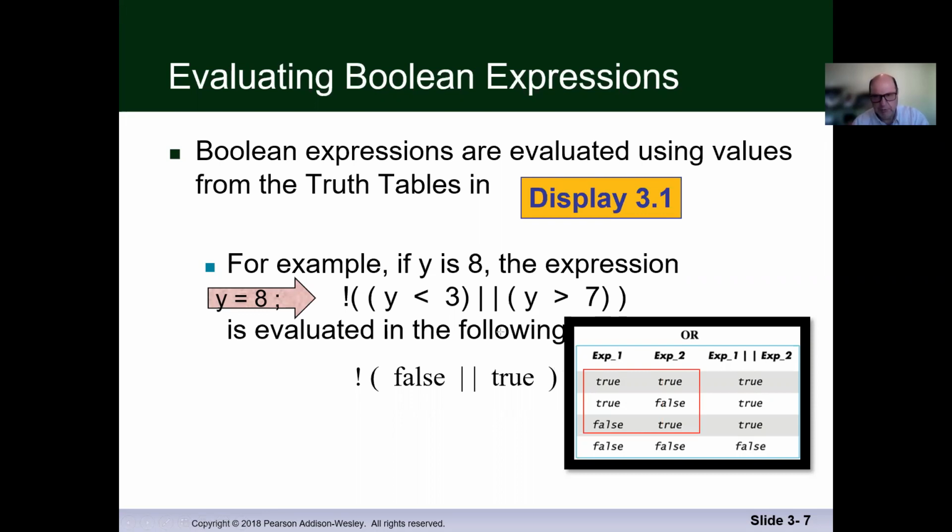So this whole thing becomes true. And again, because I have parentheses, I'm doing inside the parentheses first. And then the not is going to change my true to false. Okay, so that's what I have here.